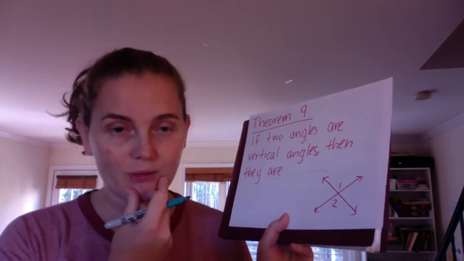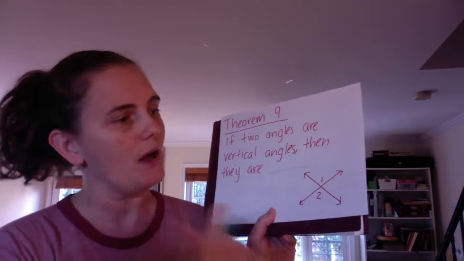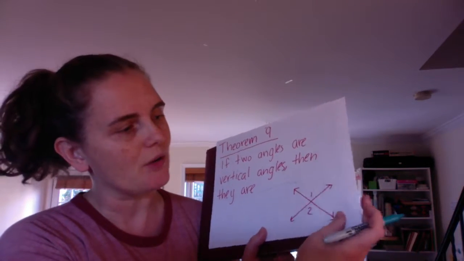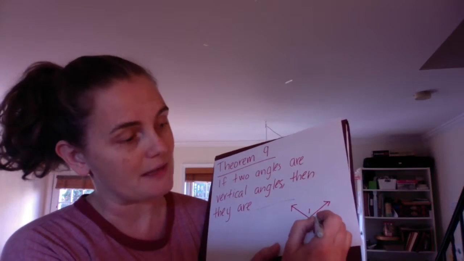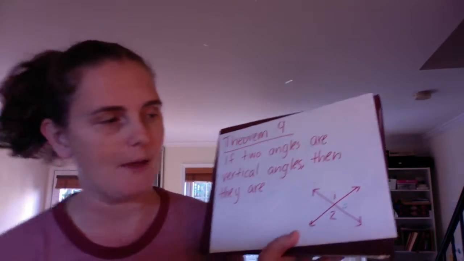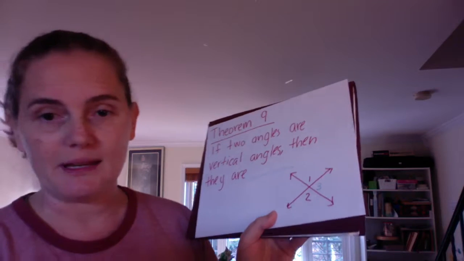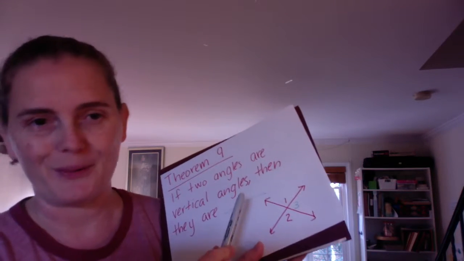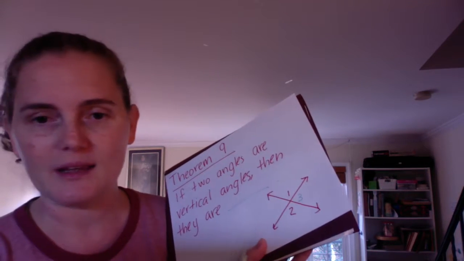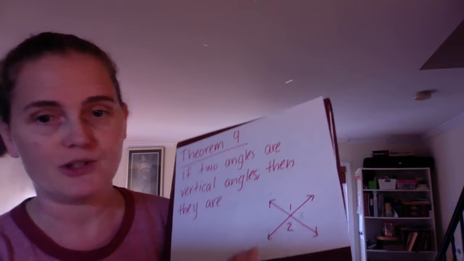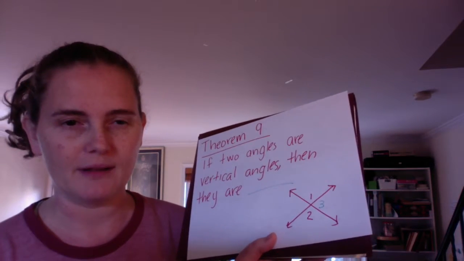But I just want to walk you through some quick things. Okay, first of all, I'm going to name this other angle 3. Now you'll notice immediately, or hopefully immediately, that 1 and 3 form a linear pair, and that 2 and 3 also form a linear pair.